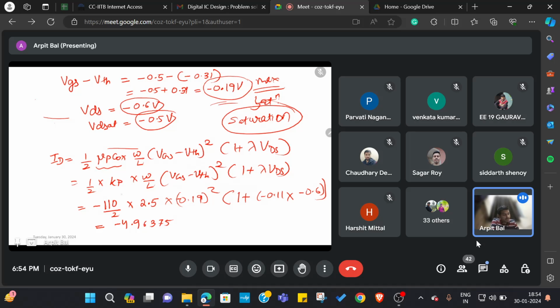Okay, I missed 10 power minus 6. So 10 power minus 6 into 1.066 equals minus 5.29 microamps.